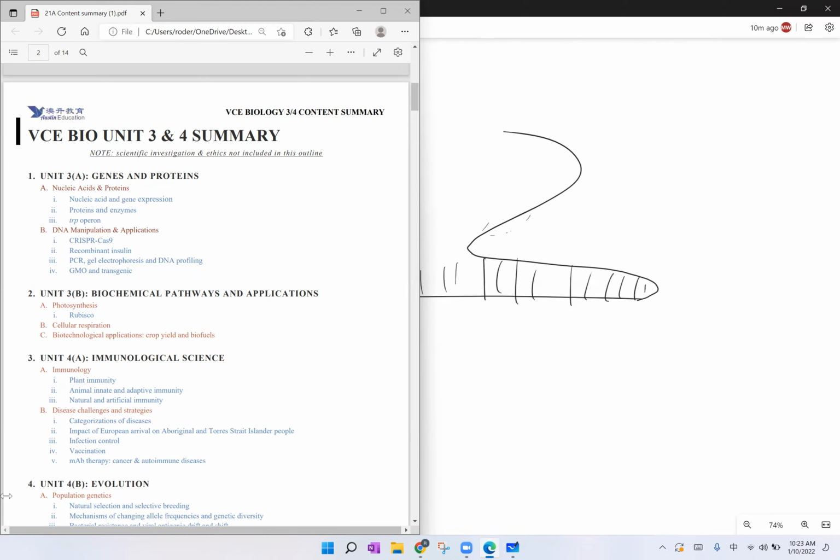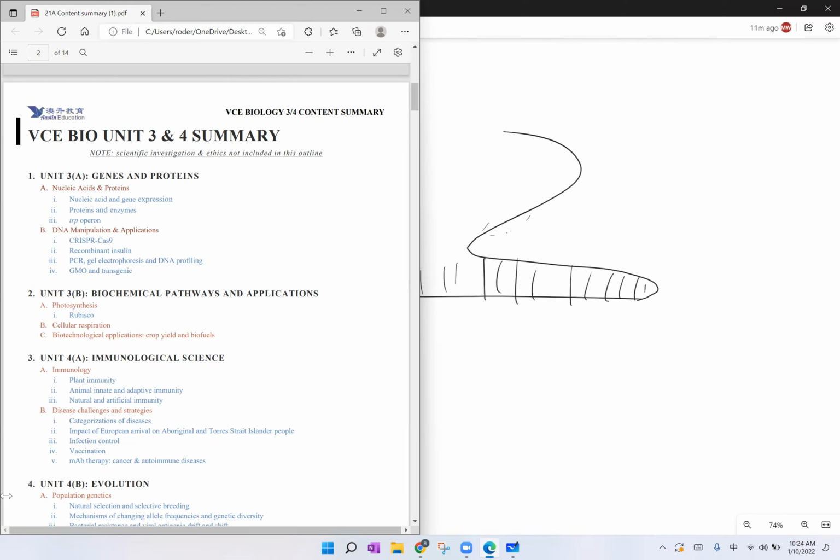First step, light dependent stage. What happens at this stage? What do we need as a source? Water. Perfect. Anything else? Sunlight. That's the only thing that we need from the outside environment.